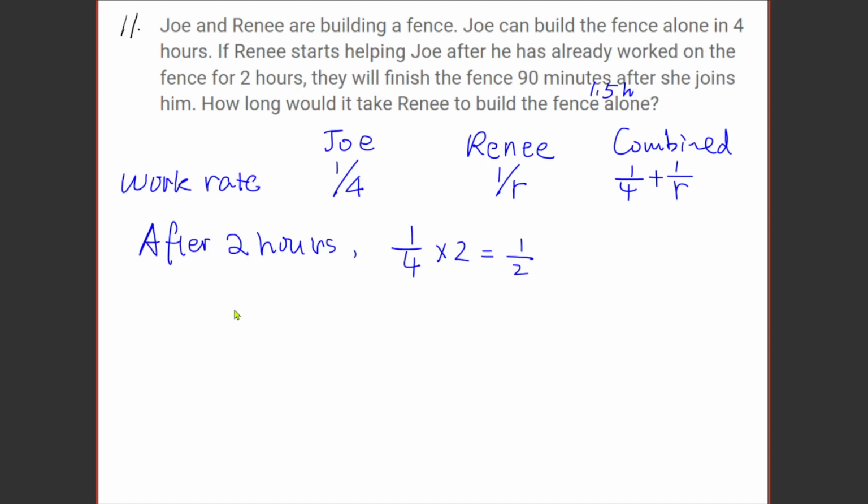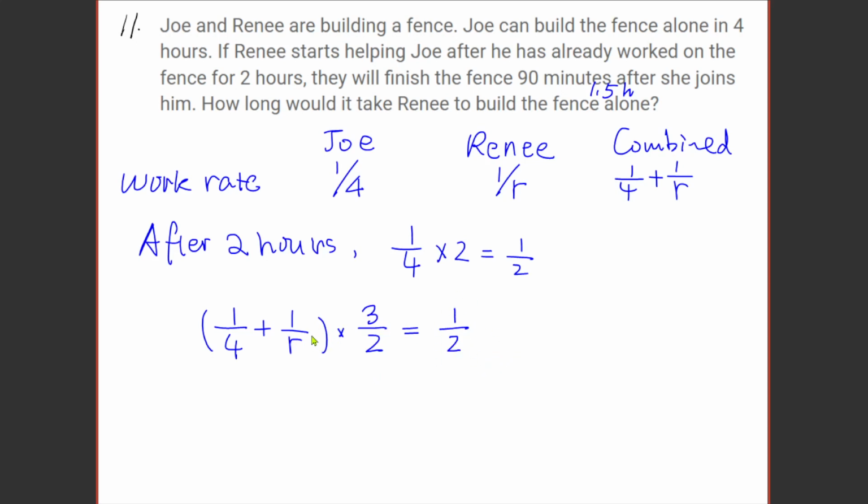So we have the following relationship. The combined work rate, 1/4 plus 1/R, times the time taken of the work, which is 90 minutes, and convert that to hours, which gives us 3/2 hours, right? Equals the work they have done, which is half of that fence.